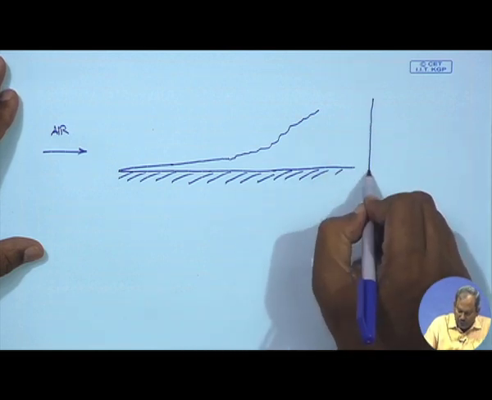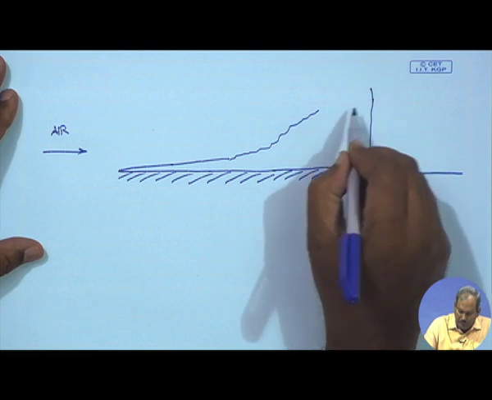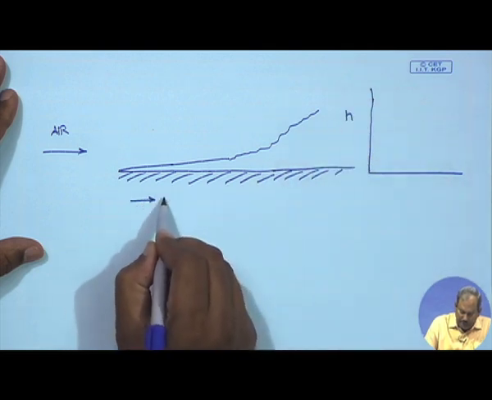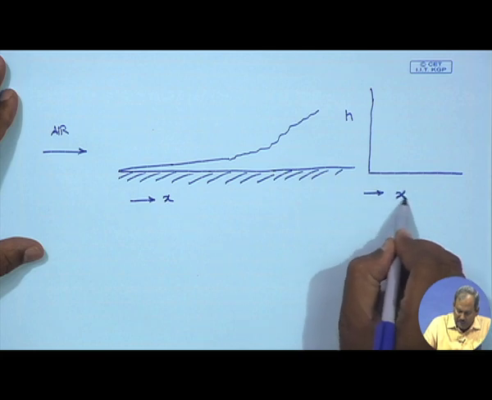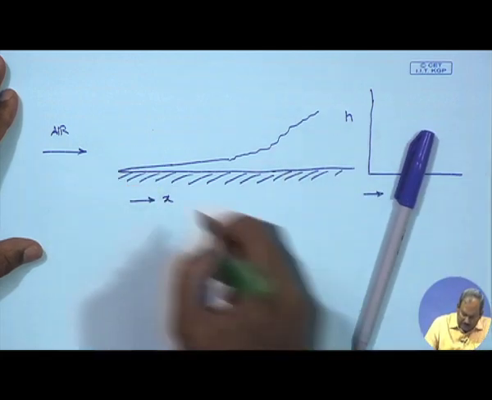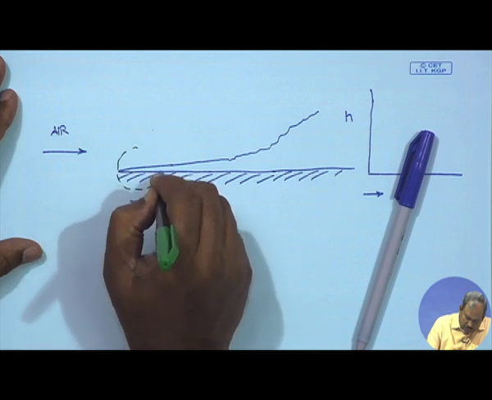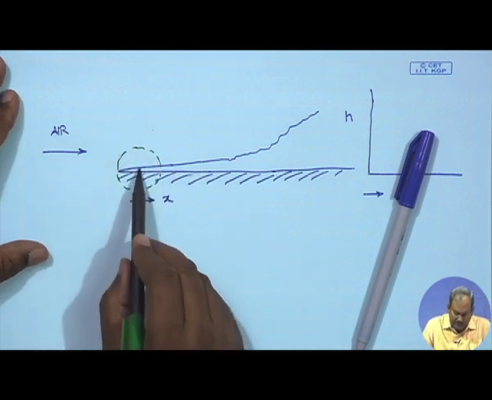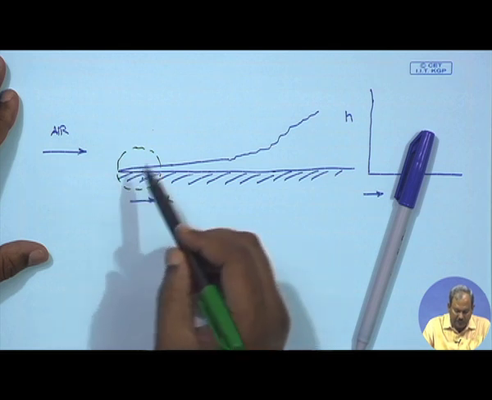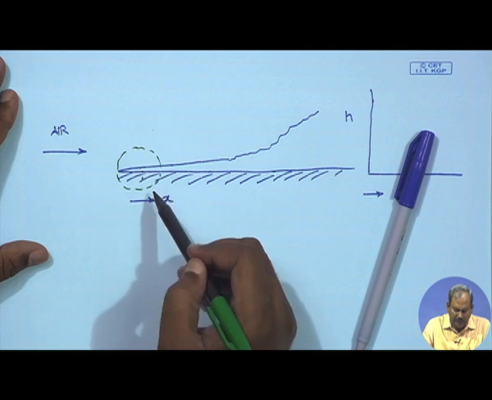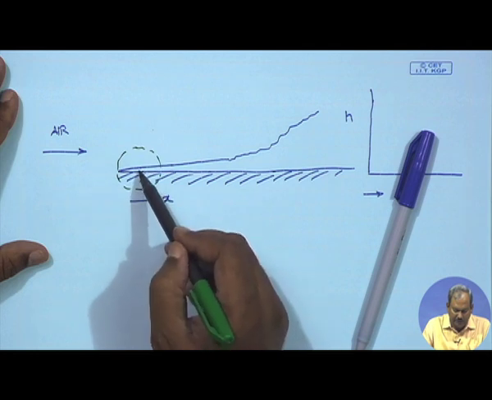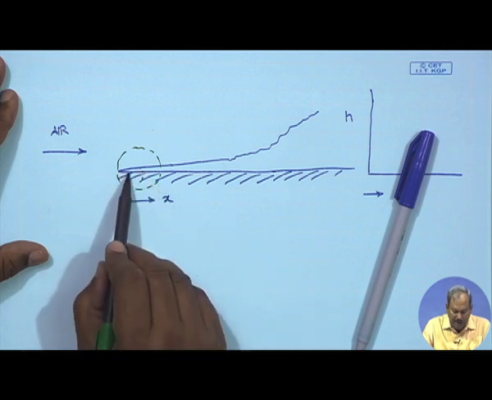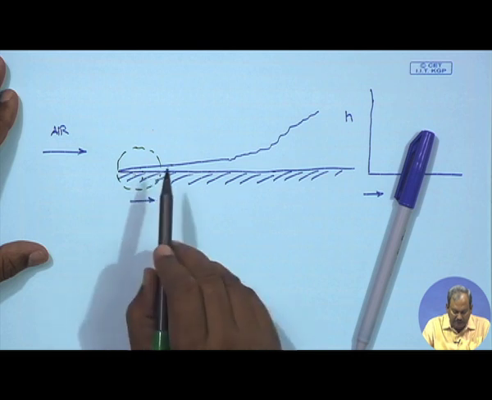Now if you draw the heat transfer coefficient along x, over the initial part of the flow the boundary layer is very thin. So the resistance to heat transfer from the solid to the air, if we assume the solid to be at a higher temperature, is going to be low. So you can start with a high value of H at the beginning.